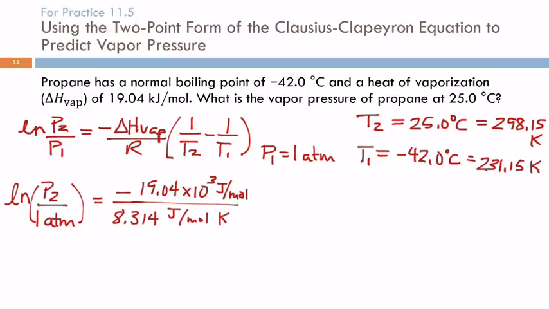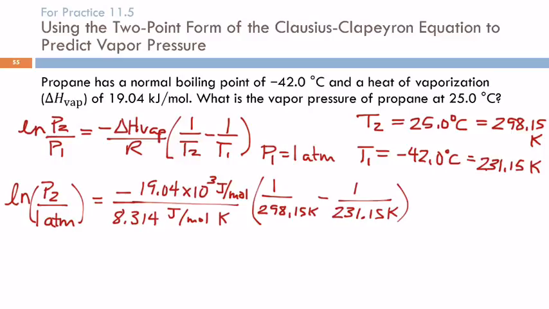So I like that. And then we've got 1 over T2. So T2 is 298.15 Kelvin, and T1 is 231.15 Kelvin. So all I have on the right side is numbers, so I'm going to go ahead and do the math there.